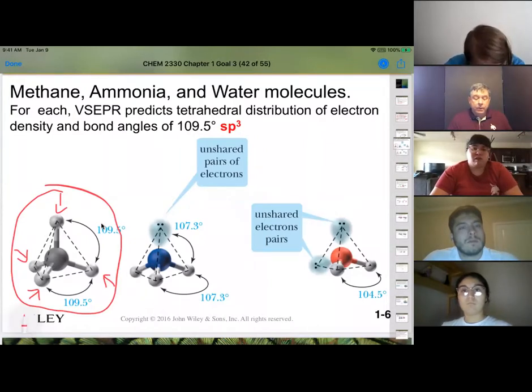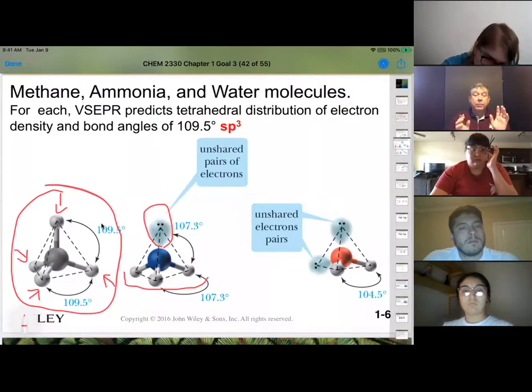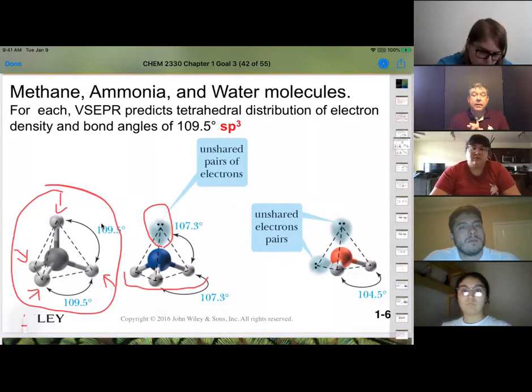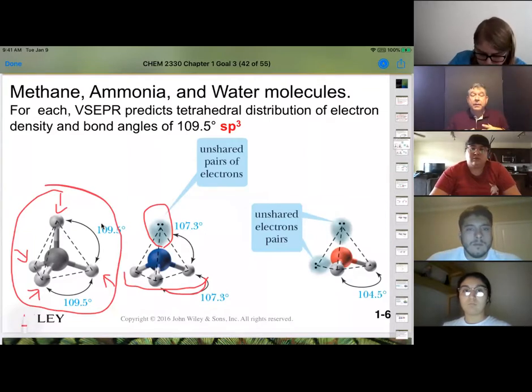Now, when we looked at the molecule that was ammonia, where we had 3 things bonded to the nitrogen, we had this lone pair. That lone pair is actually going to take up a little bit more space, and so the angle is going to be different. The angle is decreased to 107 degrees because that lone pair takes up a little more space.